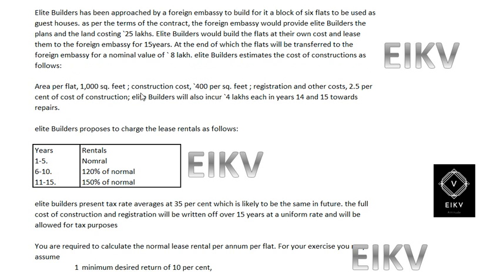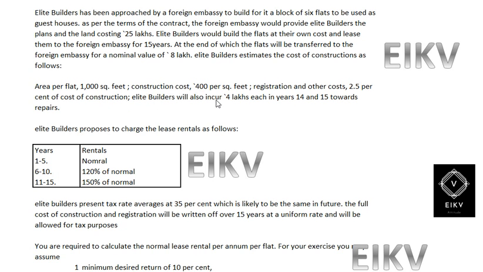The area per flat is 1000 square feet. Construction cost will be 400 per square feet. Registration and other costs will be 2.5% of the cost of construction.